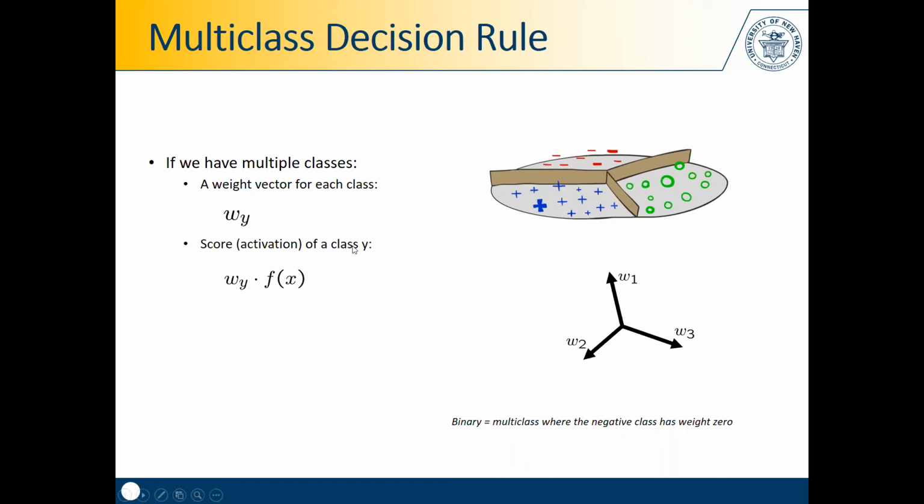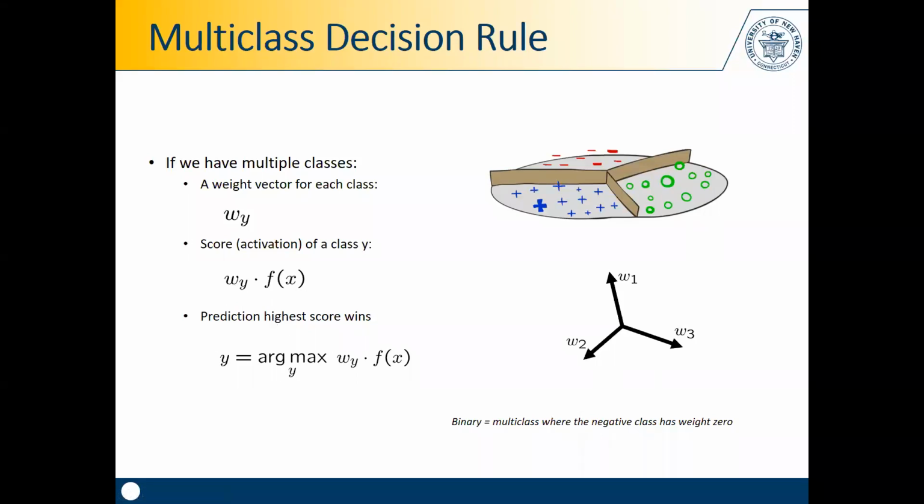Then we score the activation function, the activation of a class Y, which is essentially this dot product. Remember the original definition of activation. It's a dot product of the weight vector and the feature vector of a sample X. So we come up with this score, or this result, and then we say the prediction, the result with the highest score wins.